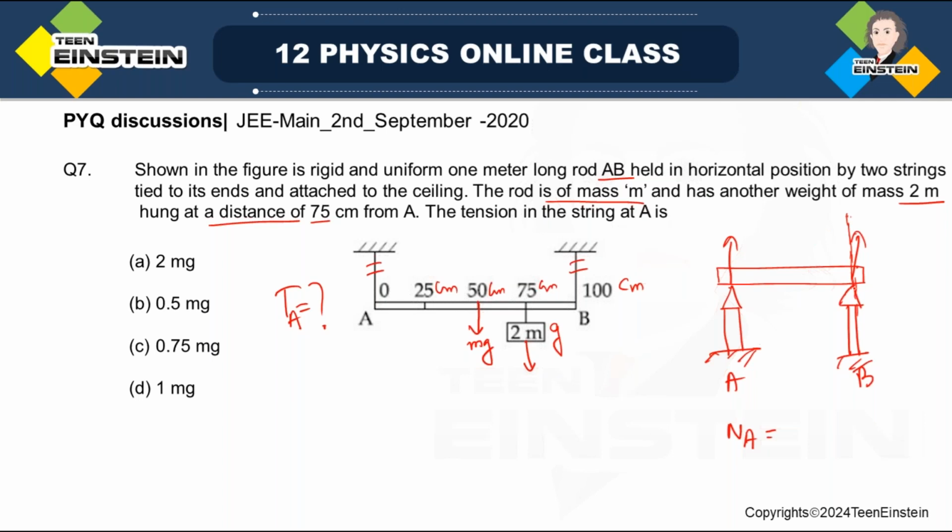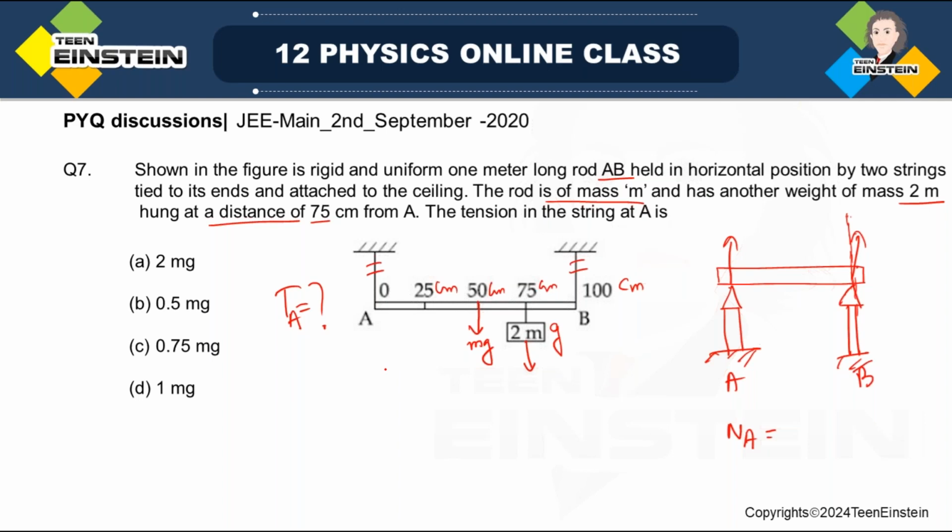You have to find the torque or the moments for all the forces available, with proper sign, anti-clockwise or clockwise, and then make the net torque, or net moment, zero. At rotational equilibrium, net moment is 0.